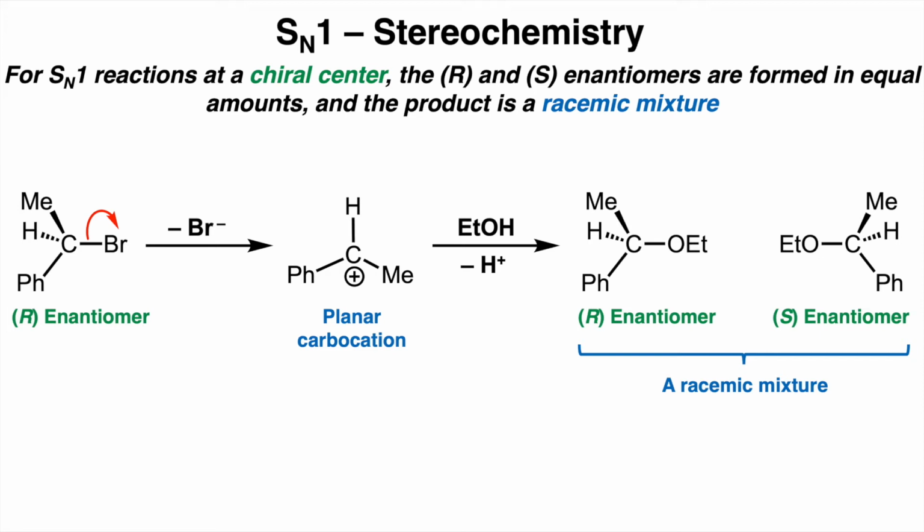So because this carbocation intermediate is flat, the nucleophile can attack from both faces of the carbocation. And because there's no preference as to which face it would attack from, you produce both products, the R and the S, in equal amounts, known as a racemic mixture.